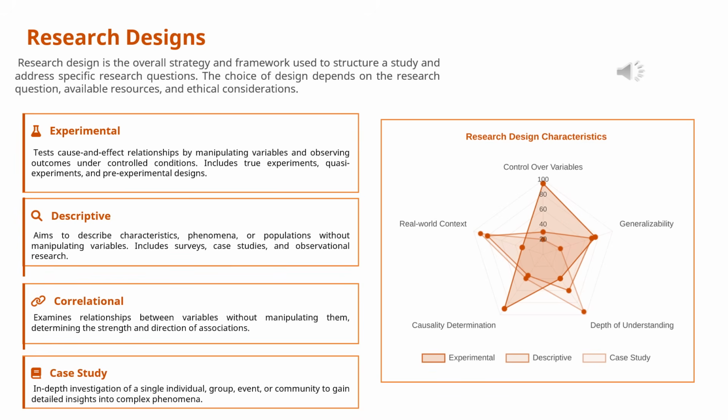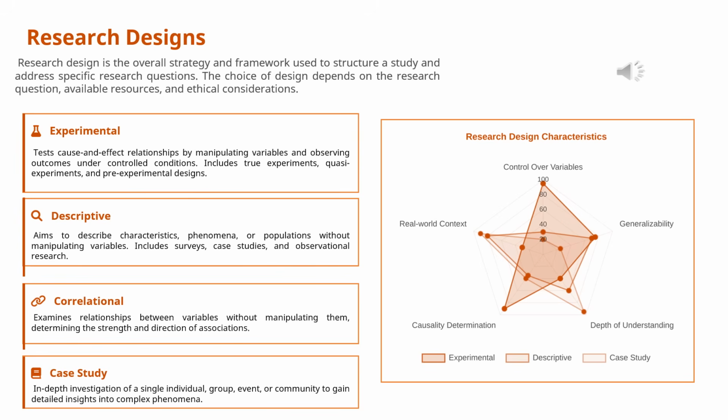And in public health, some of the key research designs include, one, the experimental design. Here, it involves testing cause and effect relationships, where you manipulate a variable and then you observe the outcome under controlled conditions.